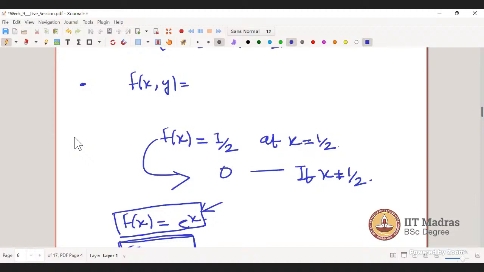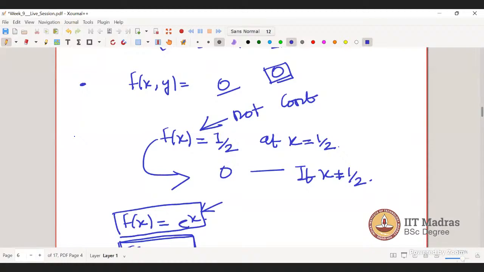Try to go back and see the lecture of one variable calculus, the normal derivative definition. Is it continuous or not? This is not continuous, because the left hand limit is 0 and the right hand limit is 0, and this is not the same as the value of the function.